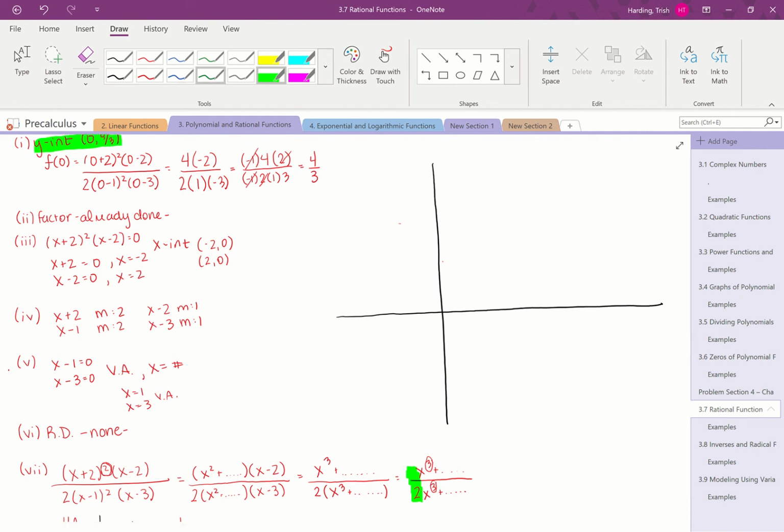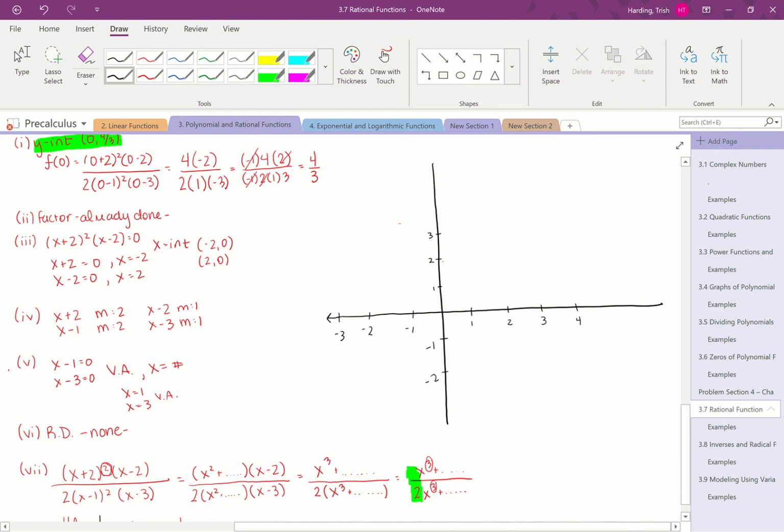Let me label this axis. I will have 1, 2, 3, 4, and so forth, and then -1, -2, and -3. Okay, for continuity, I'll just go ahead and do those.